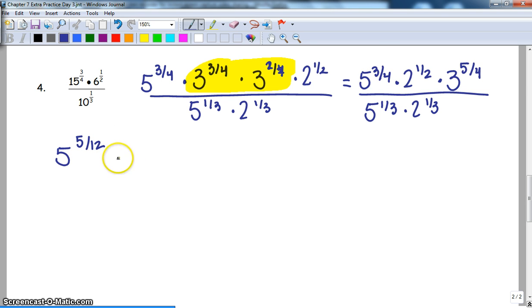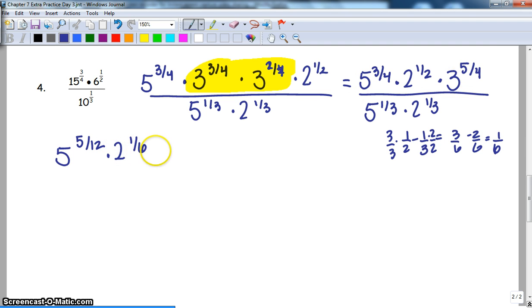Use your calculator if you want to check that. Our 2's, you have 1/2 minus 1/3. Okay, again, we're going to subtract our exponents. 1/2 minus 1/3 should be 1/6. Let's see, times 3 times 2, 3/6 minus 2/6, yes, 1/6. And then we already had our 3 to the 5/4.